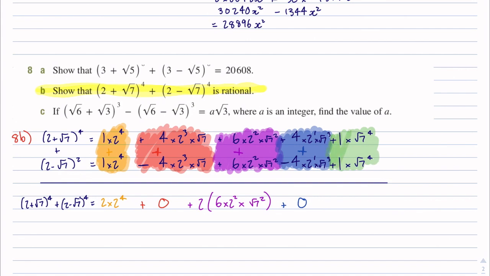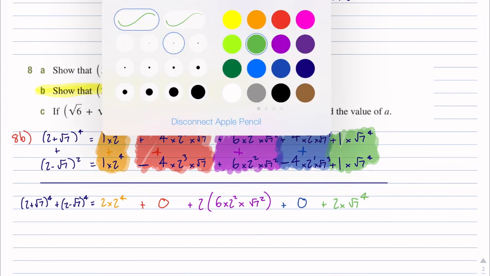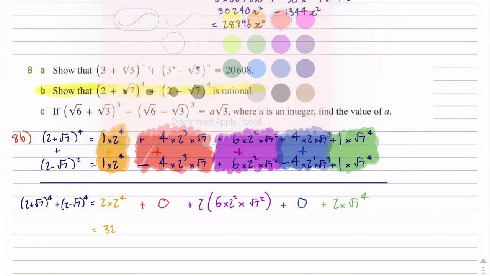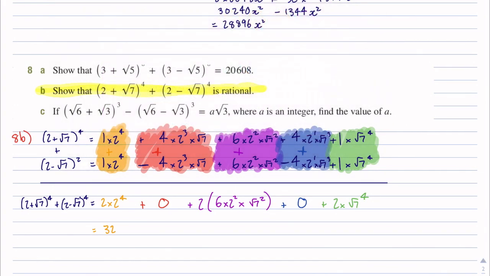And now finally, in green, we've got 2 lots of root 7 to the 4. Now, 2 times 2 to the 4 is just 32. Plus 2 times 6 times 2 squared times root 7 squared, which is 7.